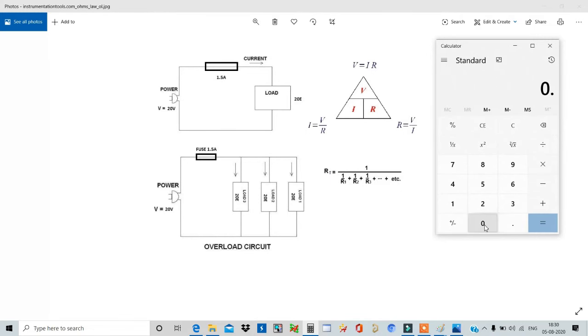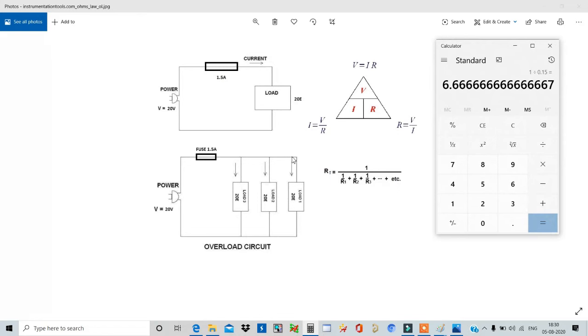So 0.05 plus 0.05 plus 0.05, you will get 0.15. So the total is 1 divided by 0.15.